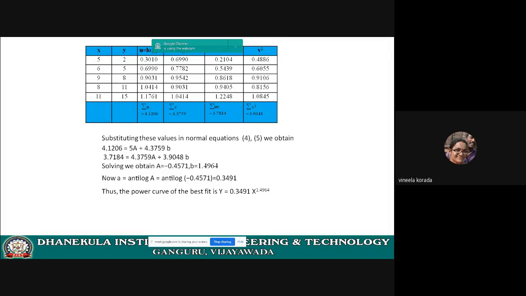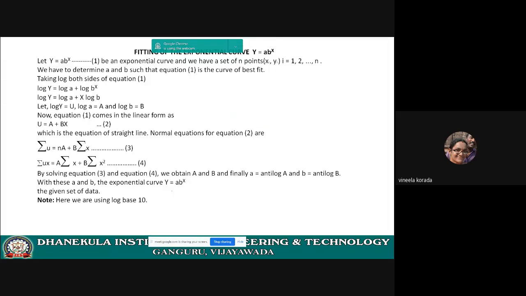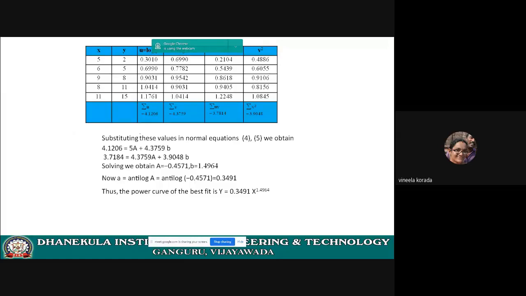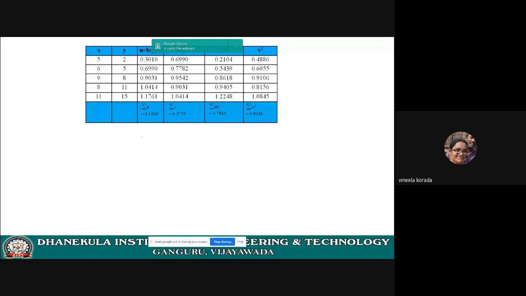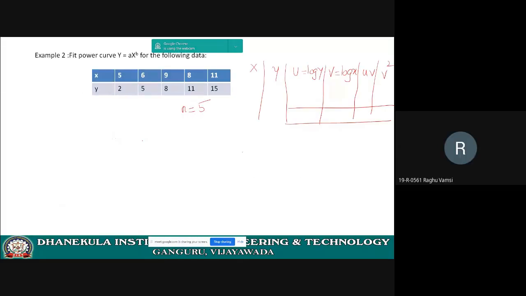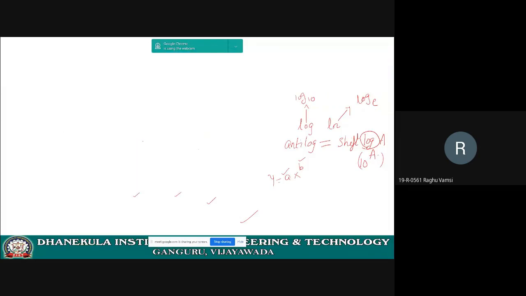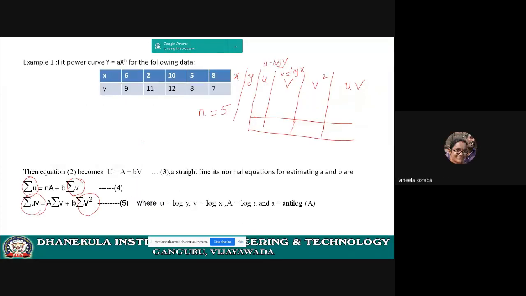Yes, this is with power curve type 1. Ma'am, yesterday's second problem also, ma'am. Yesterday's second problem, the answer. I hope this was a problem in yesterday's class.